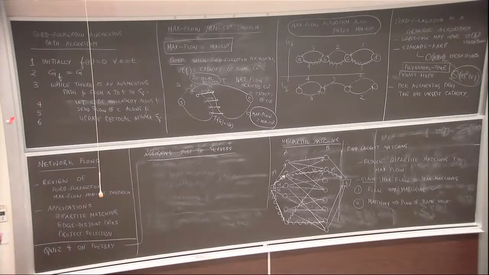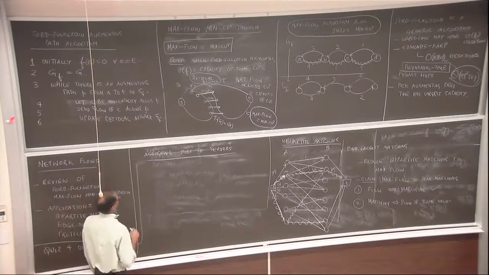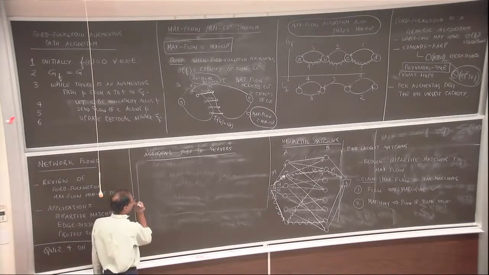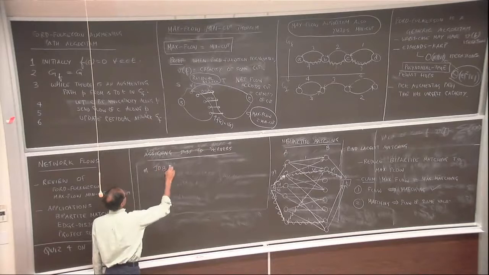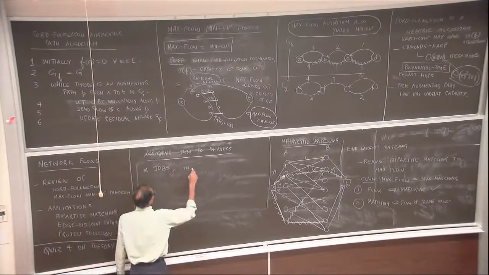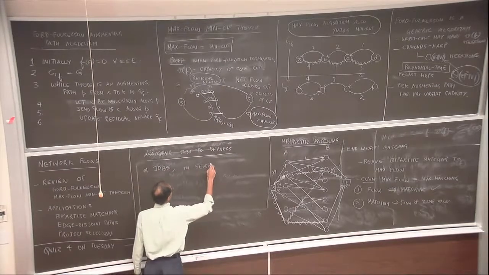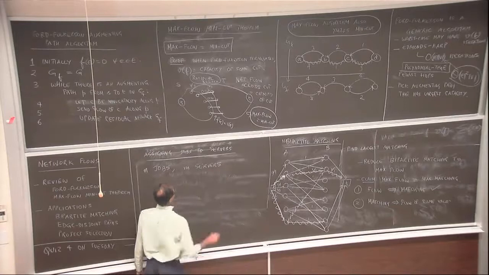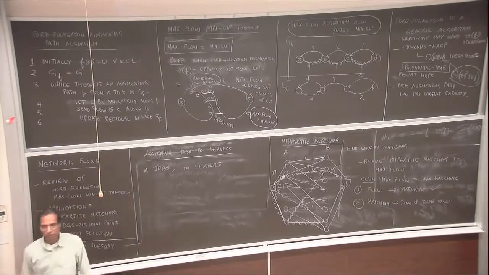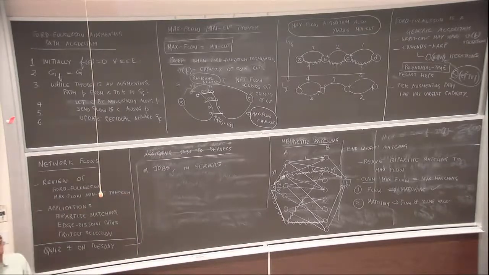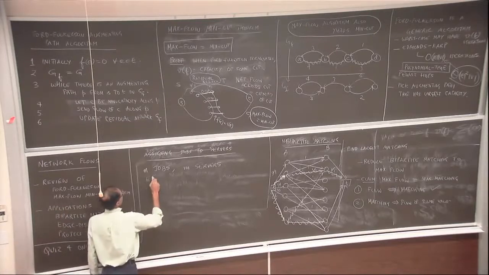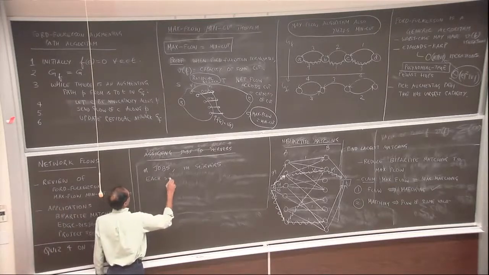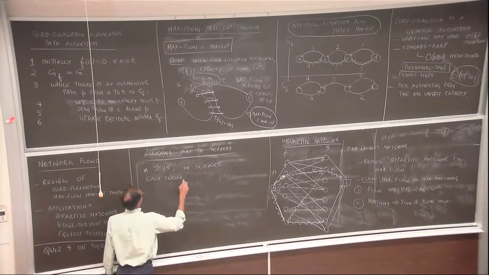So let's say you have the following problem. You're given n jobs and m servers. Okay? You're given n jobs, m servers. Each server has a capacity.